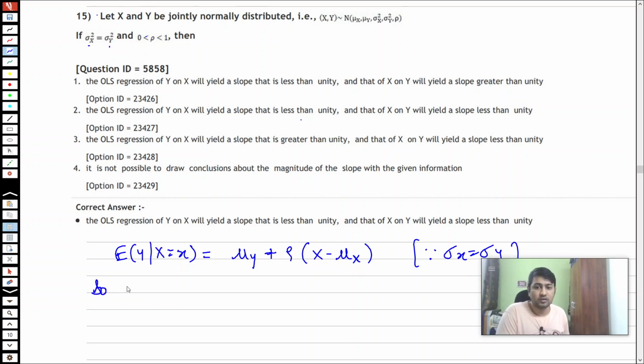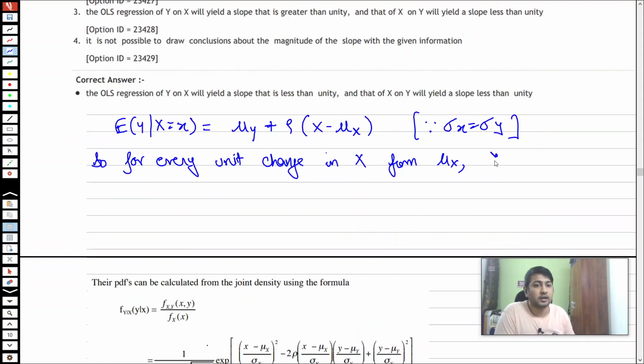Okay, so for every unit change in x from mu x, y changes from mu y by rho units.